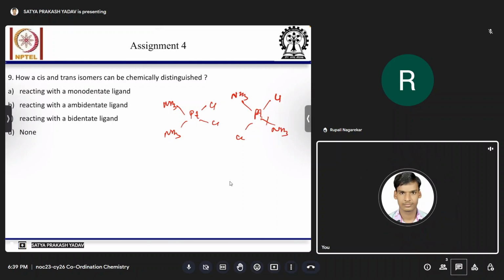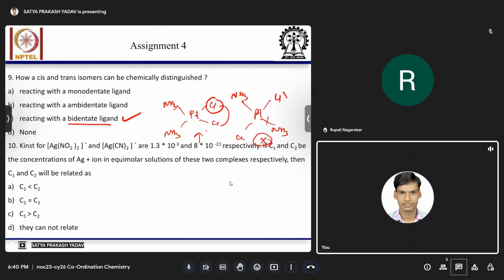Now, if we react with a monodentate ligand, this will substitute, there is no effect. But if we react with a bidentate ligand, what will happen? This can easily react, but this will not. So a bidentate ligand can easily react with cis over trans. So that's how a cis and trans isomer can be chemically distinguished: by reacting with a bidentate ligand.